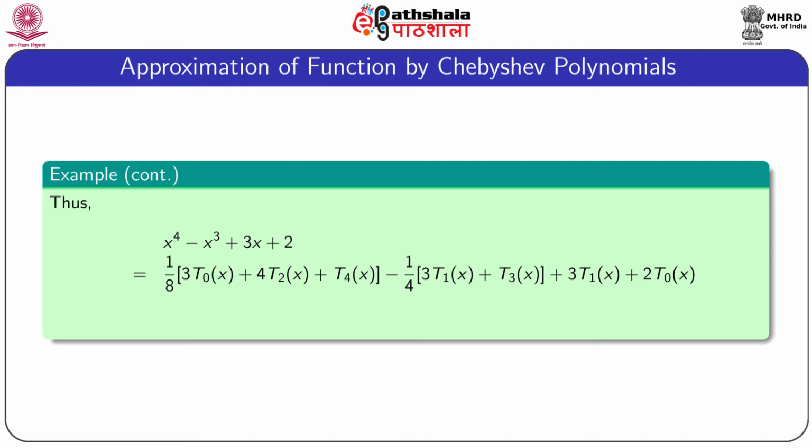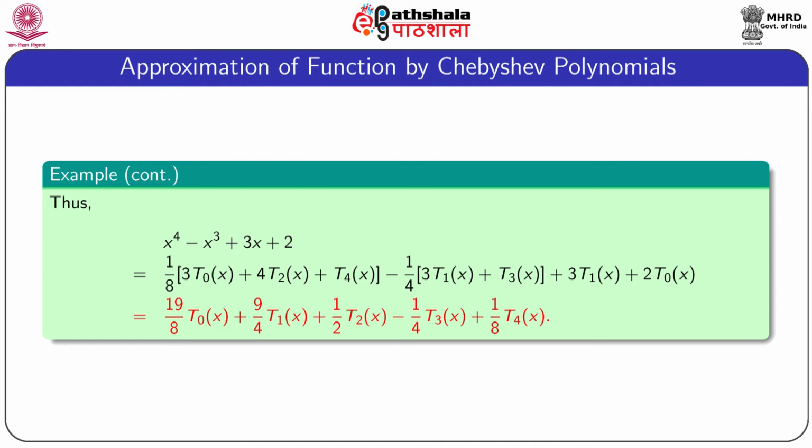T0(x) is 1, that is why the last term is 2 into T0(x). After simplification, the polynomial finally reduces to 19 by 8 into T0(x) plus 9 by 4 into T1(x) plus half into T2(x) minus 1 by 4 into T3(x) plus 1 by 8 into T4(x).